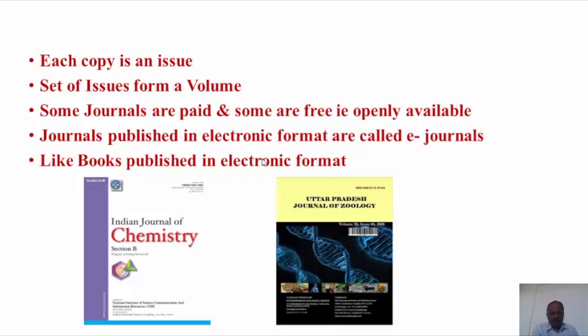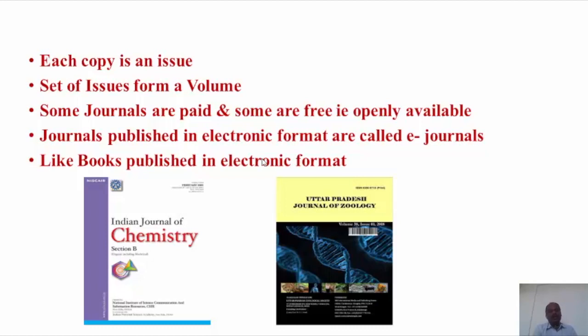Some journals are paid and some are free, that is openly available, because some journals are paid, they are costly, like Royal Society of Chemistry, they publish their abstracts. Those abstracts are not freely available, we have to subscribe. In this image I have shown the Indian Journal of Chemistry, CSIR.